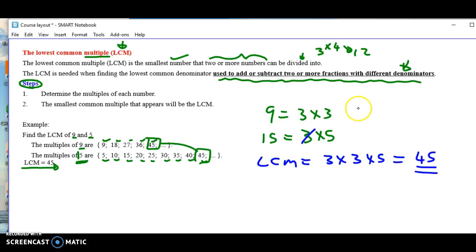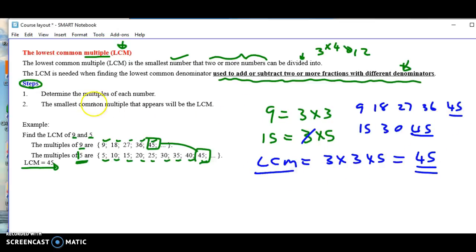So 9, the multiples are 9, 18, 27, 36, and then 45. And for 15, it's 15, 30, 45. So 45 is the lowest common multiple.